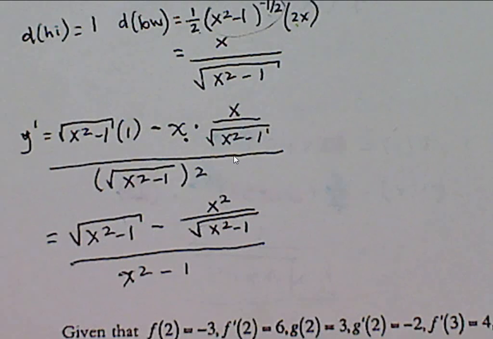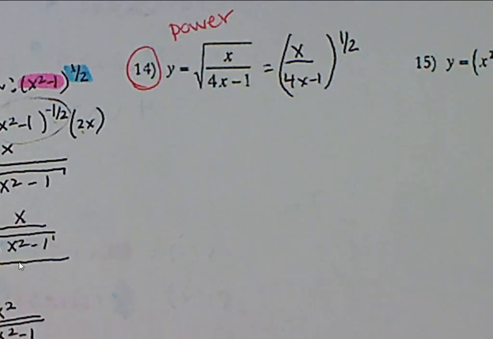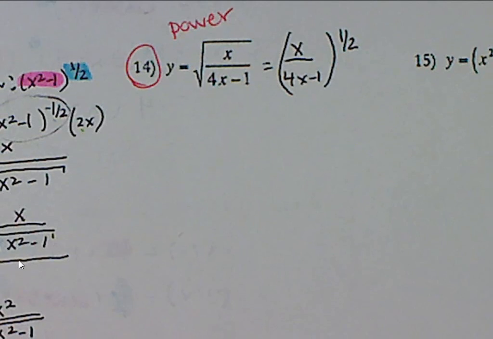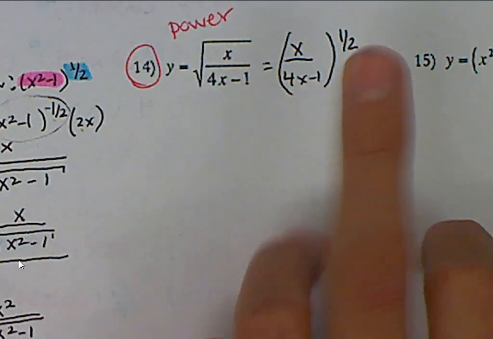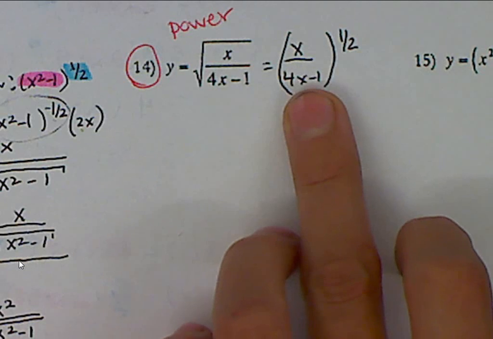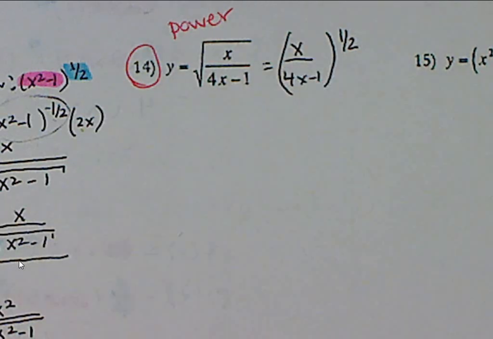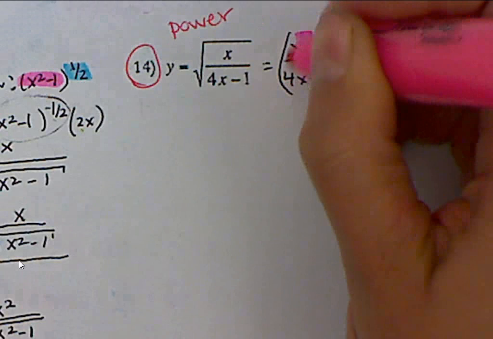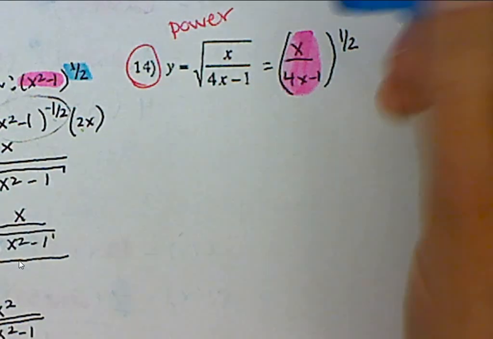Okay. And now an example of the power rule, which we've seen a lot like this, but now we're doing the power rule where the inside function is where my chain rule is. So here I have my inner and my outer, like that.